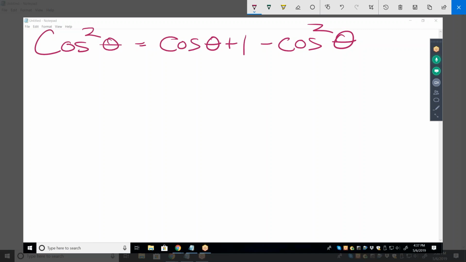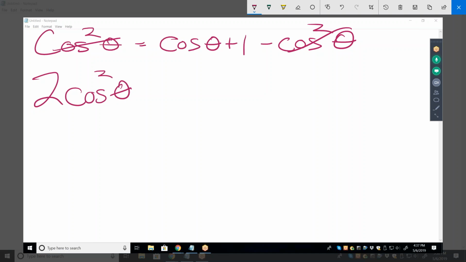What are we going to do? You can add cosine squared theta to the other side. Which side am I going to put stuff on? The left side. Okay. So we'll start by putting that over there. Takes care of that and that.